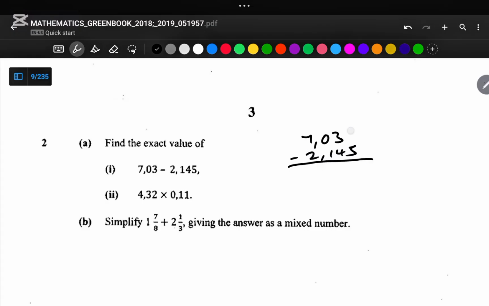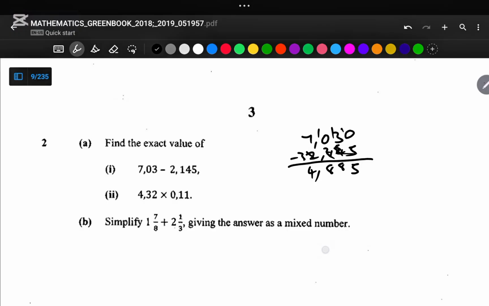You can add a 0 to make it 7.030. Then we borrow to make 10, and 10 minus 5 gives us 5. 13 minus 5 gives us 8. 10 minus 2 gives us 8, and 7 minus 3 gives us 4. So our final answer is 4.885.